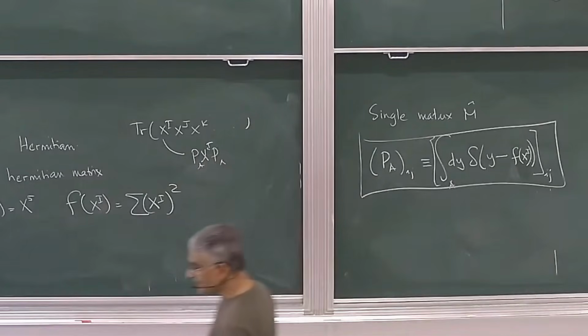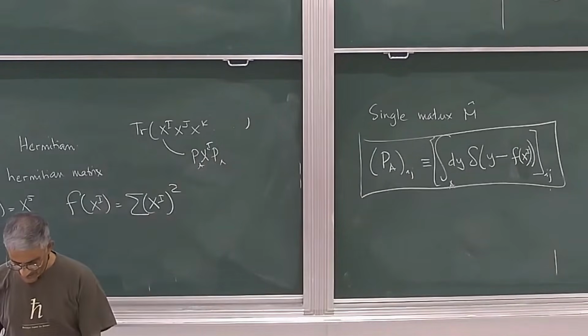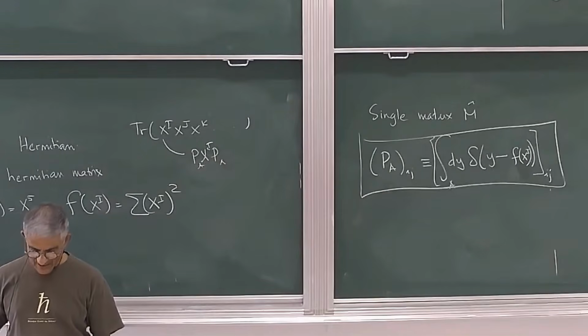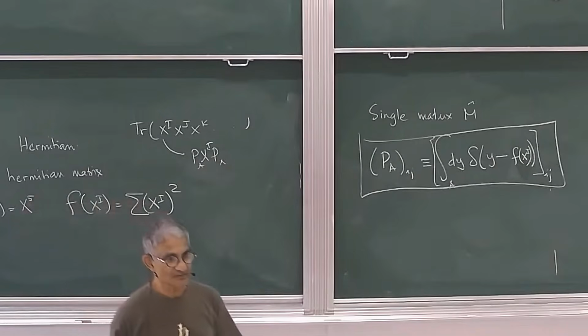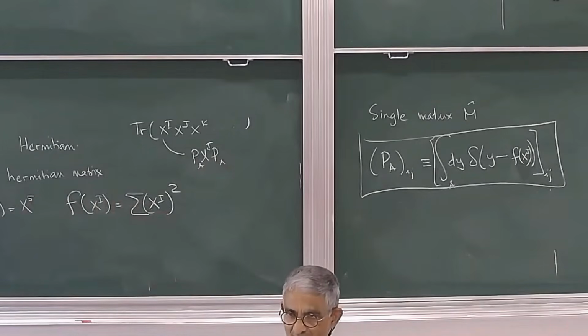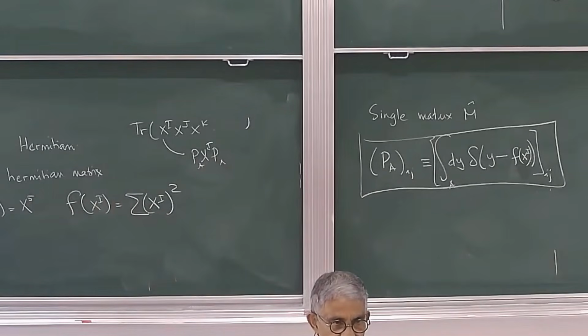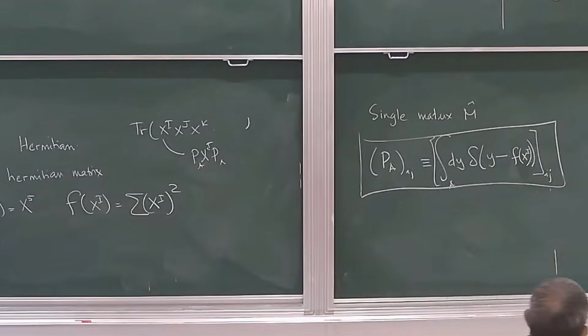For the single matrix, the meaning became clear in a gauge where the matrix itself was diagonal. Right? In that gauge, the theory just became a theory of identical particles, in this case, fermions. Okay. For multiple matrices, of course, you cannot diagonalize all the matrices, but you can diagonalize one F. One of them you can.